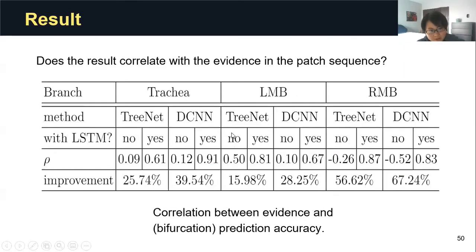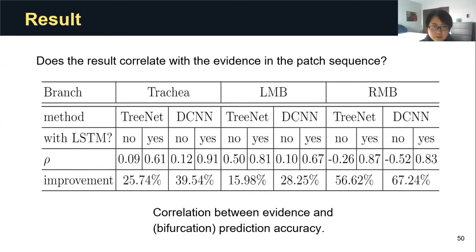And then we ask, how much does the result actually correlate with the evidence we collected along the patch sequence? Because in the beginning our motivation was that the previous memory should have some contribution toward the current prediction. So we're asking how much this information correlates with the prediction.